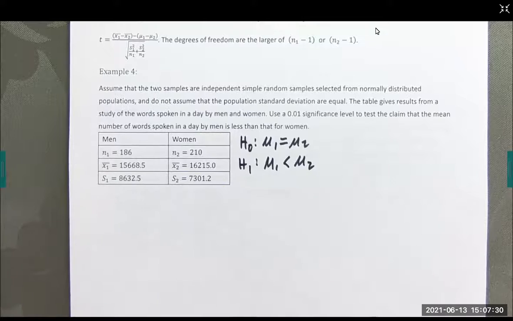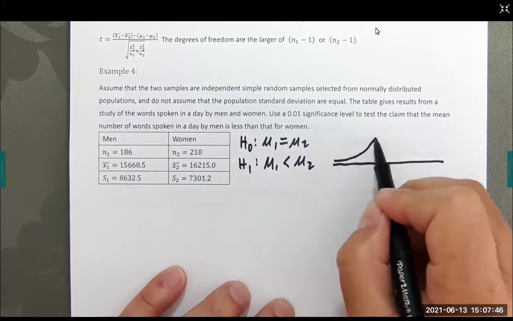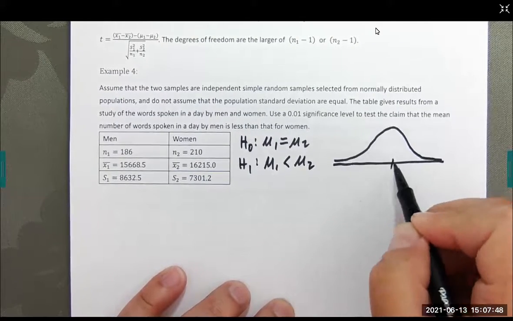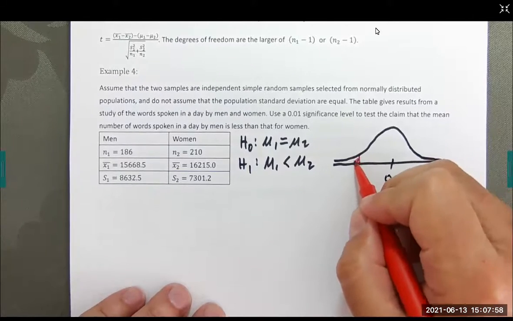I've heard this before as an anecdotal thing, but I can't imagine this being true for everybody all the time, especially for someone like me who talks for a living. All right, this is going to be left-tailed because it is less than. And we are testing at the 0.01 significance level.